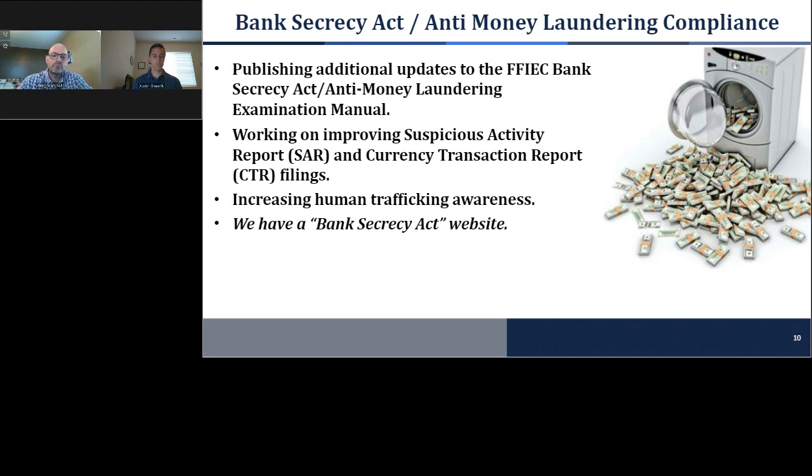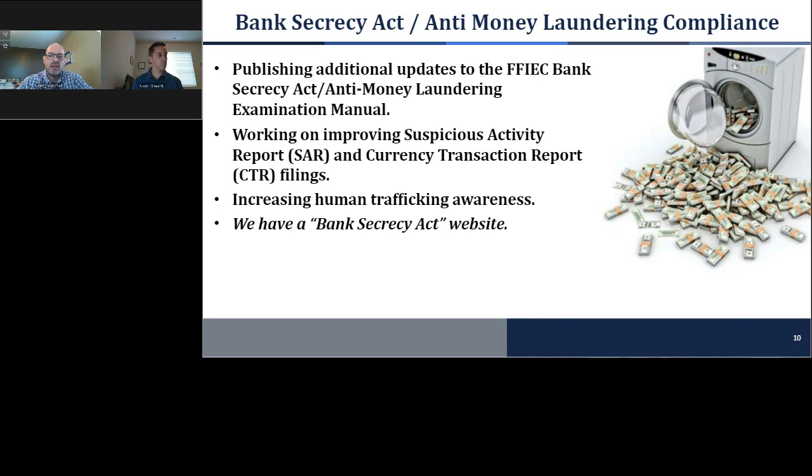So in line with that, NCUA's continuing to work with credit unions in terms of communicating what they're doing in terms of BSA and what they're doing with other banking regulators and law enforcement. There are four main initiatives that are going on right now, and I'll just touch on each of those quickly.